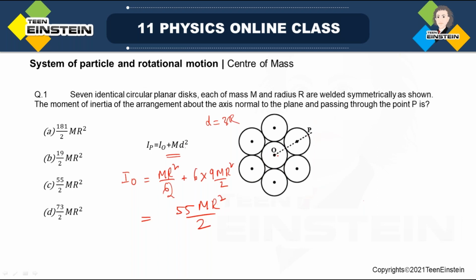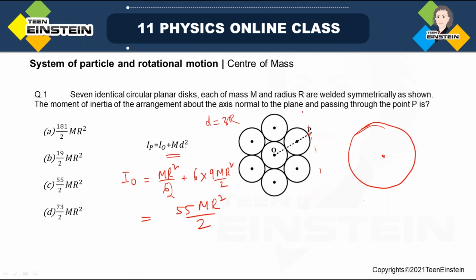Okay, then look, I have the moment of inertia of the whole system about this axis. Now look, if I calculate the moment of inertia about an axis, you can just think of this.